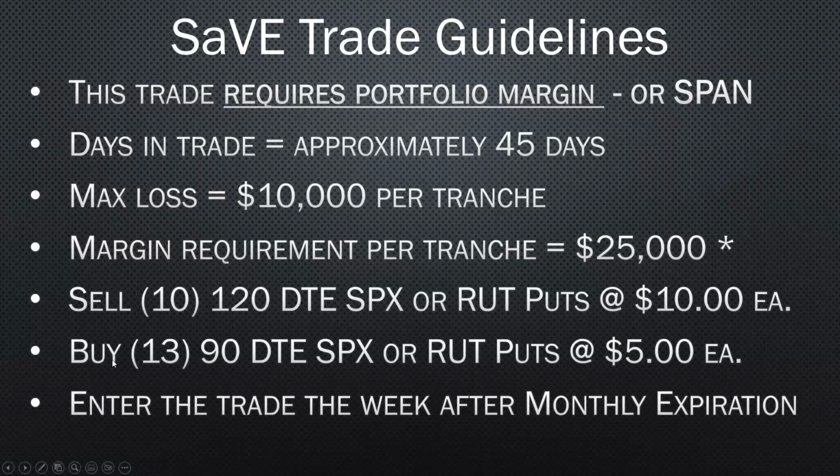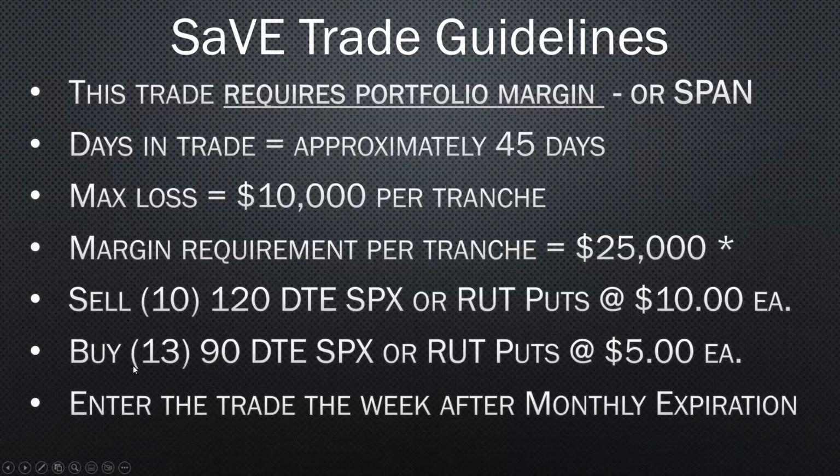We would use that credit to buy 13 at 90 days till expiration, so less than the sell side of either the SPX or the Russell. And we would try and find the strike that's trading at about $5. So we would bring in $10 times 10.